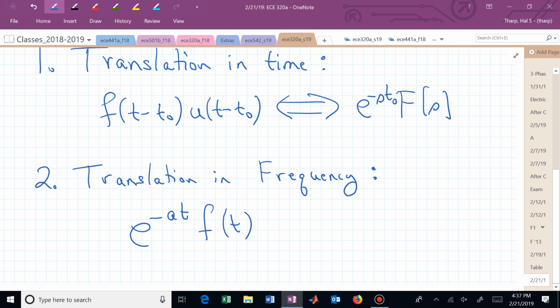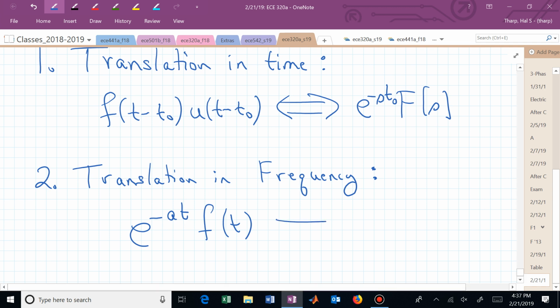If we knew the Laplace transform of the cosine, which is f of t, then we can figure out its Laplace transform if we know how much exponential decay is used to scale that cosine.